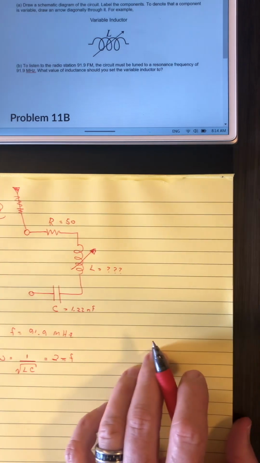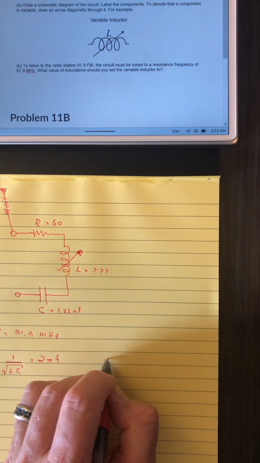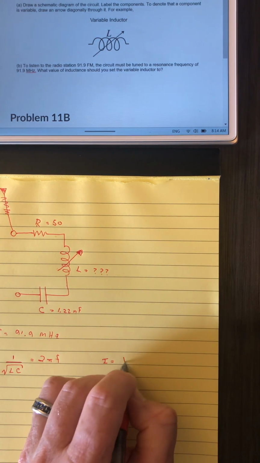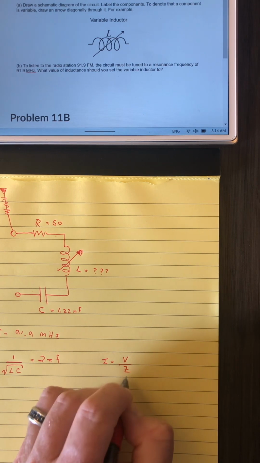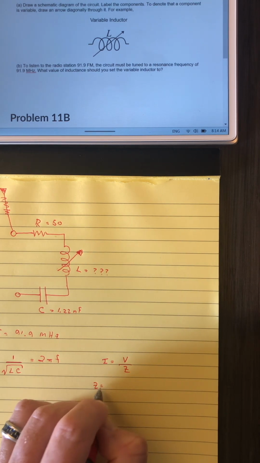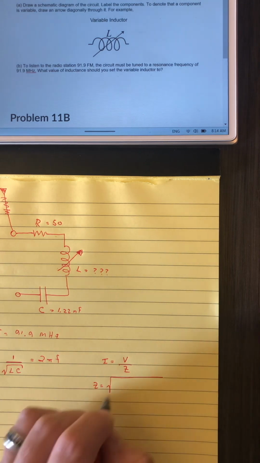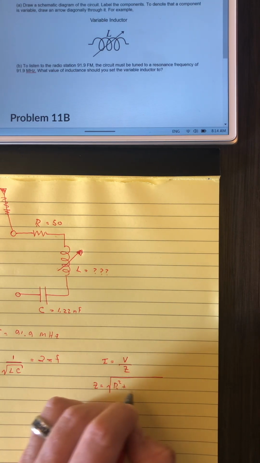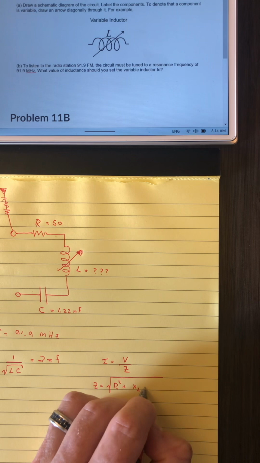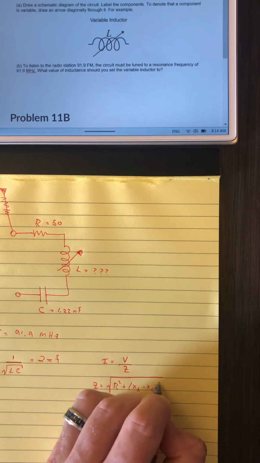Now, if you forgot that, maybe you remembered that the current following Ohm's law for an AC circuit is voltage divided by the impedance. And the impedance is the square root of R squared plus (XL minus XC) squared.